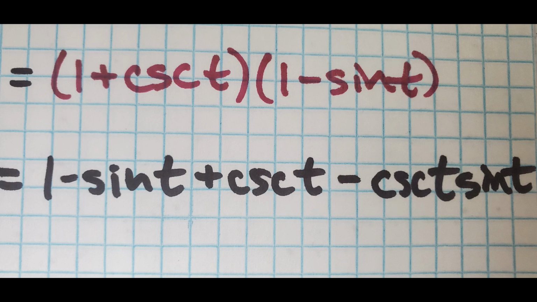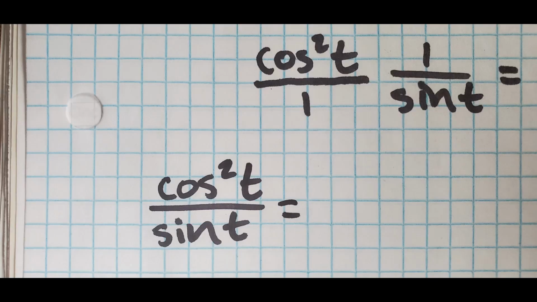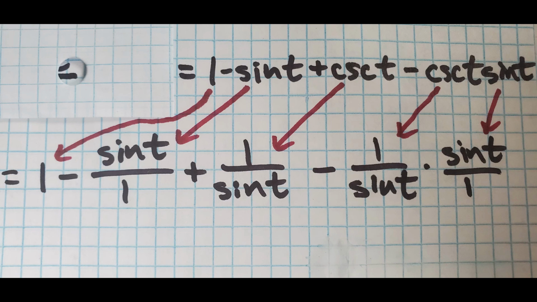Okay, left side, like I said, multiply the tops, multiply the bottoms. It turns into this nice, neat little fraction. We leave this alone. Okay, right side, we're going to basically turn everything into a fraction here so that we can get it all into one fraction at the end. So the 1 out front, I didn't know what to turn that into, so I just brought it down.